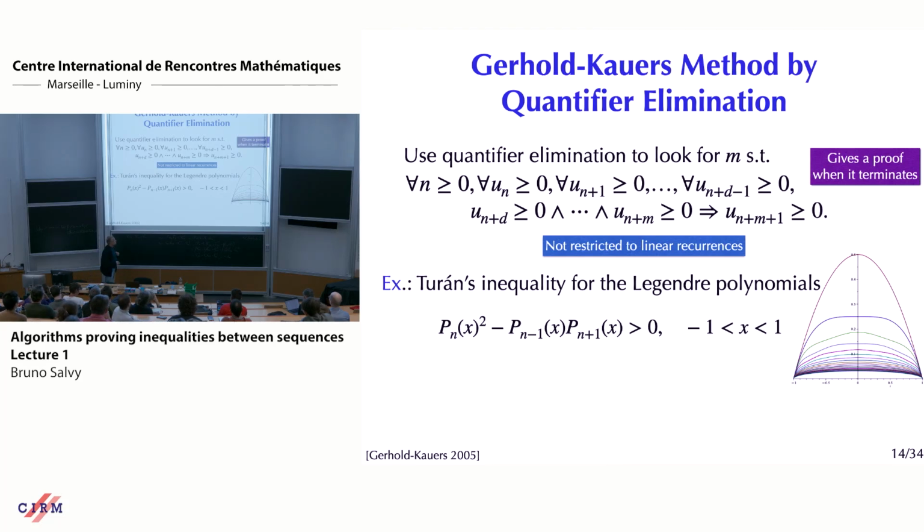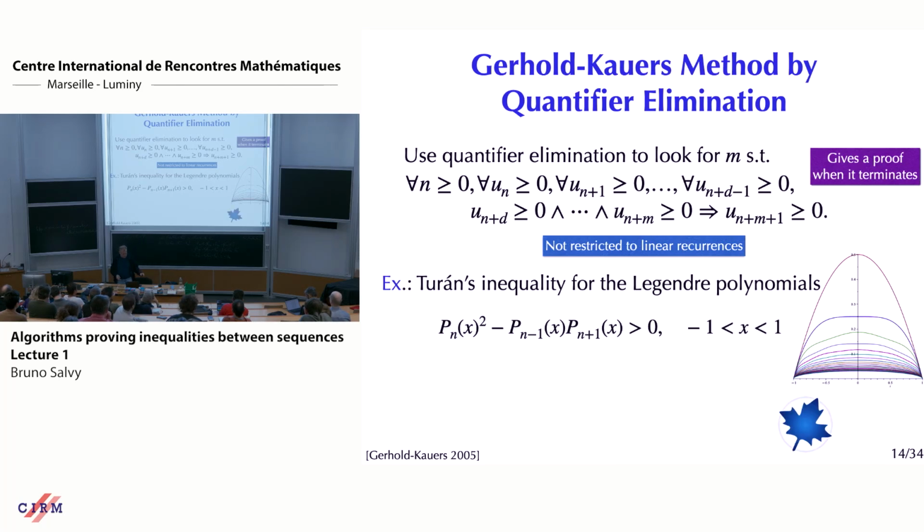You don't really need to know what they are, but they satisfy a linear recurrence. And you look at the plot on -1, 1, since this is Turan's inequality. It's an even function, so you don't need to bother about the part you're missing. It's the same as this. Okay, and again, you want to prove that this is positive by induction.